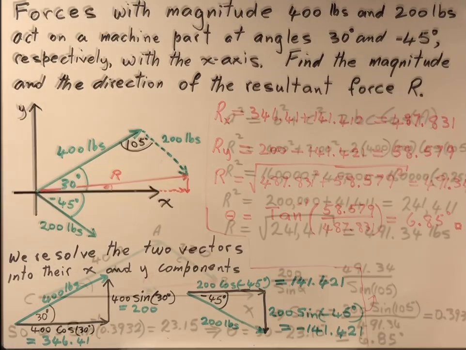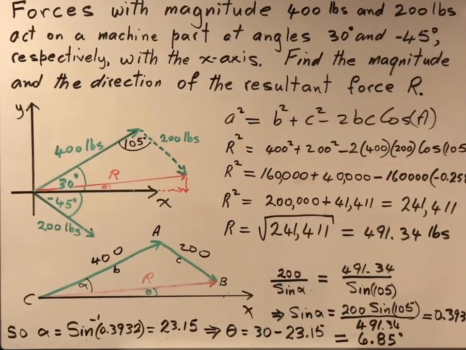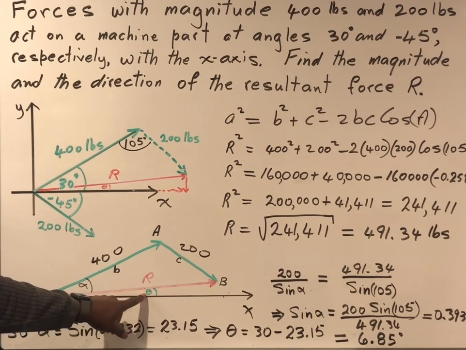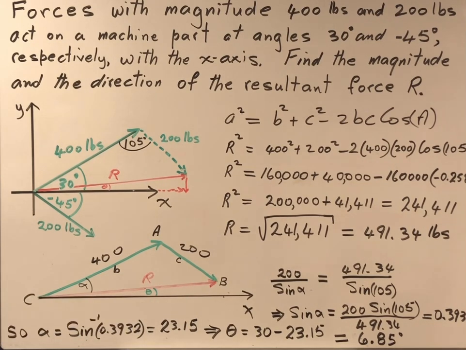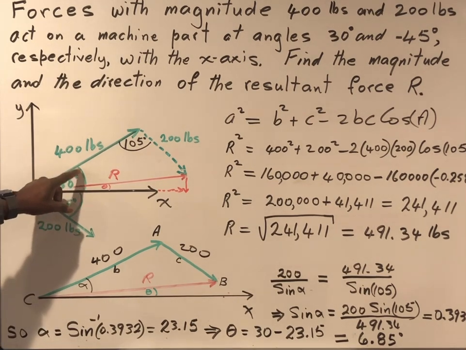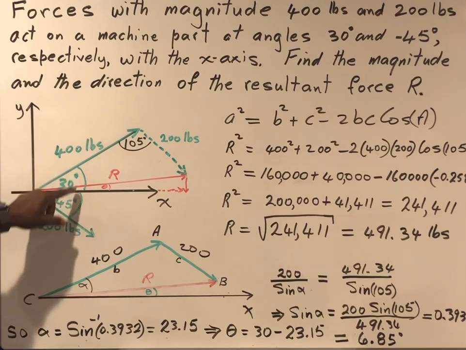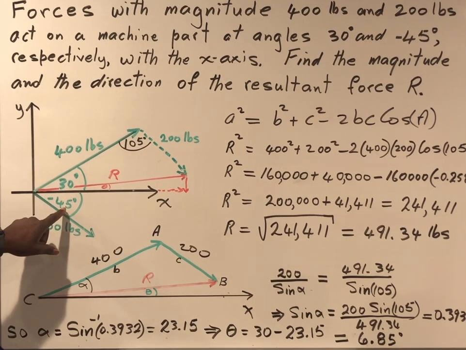We continue with the same problem, but this time we want to use the triangle of vectors in order to solve for the magnitude of the resultant force R and its direction theta. So, recall that these two angles together, 30 above and 45 below, give me 75 degrees.